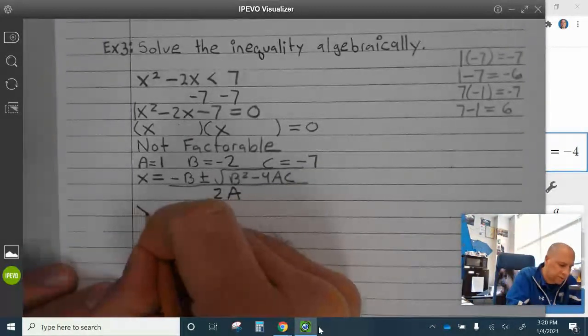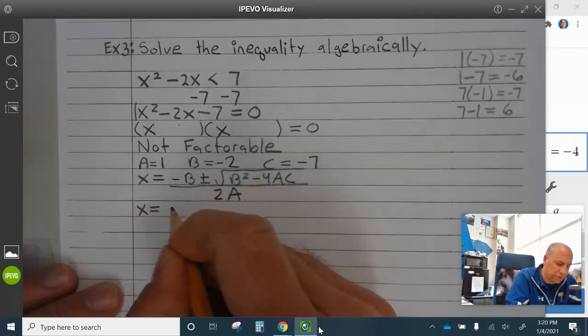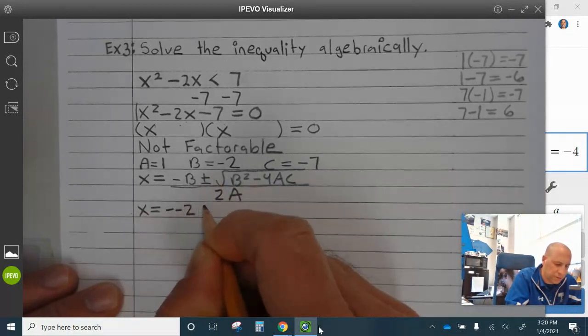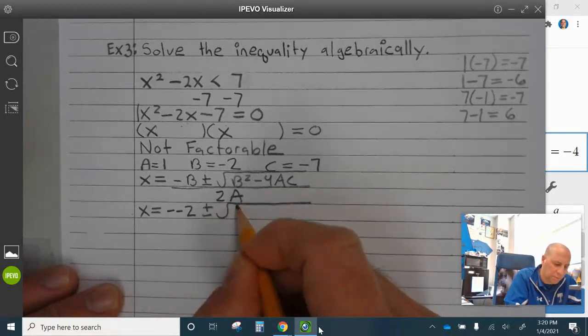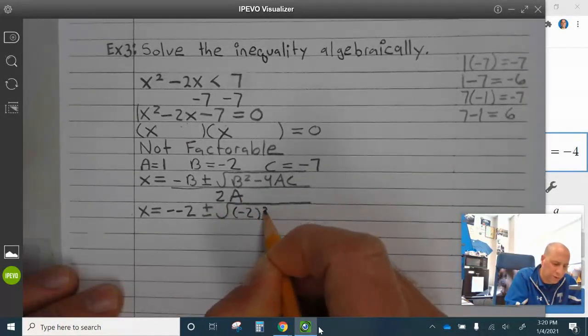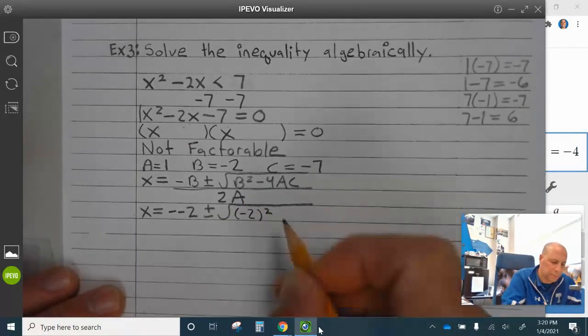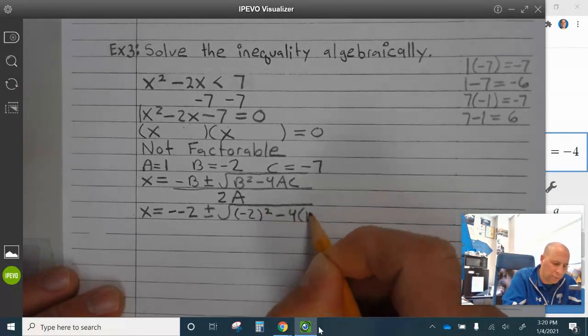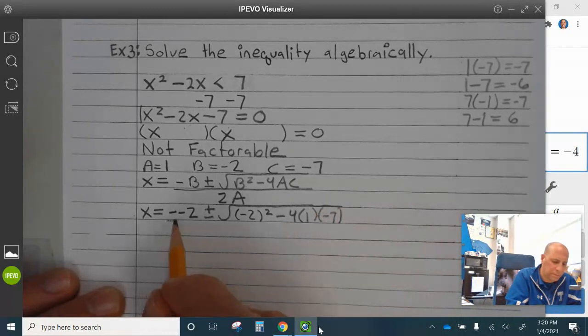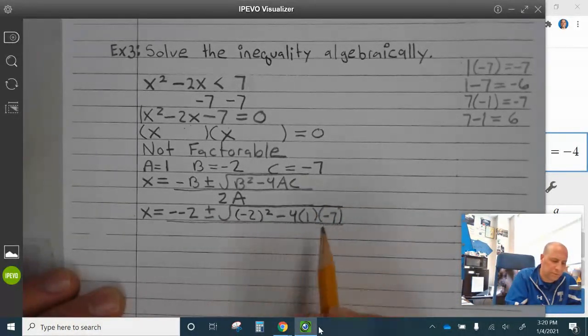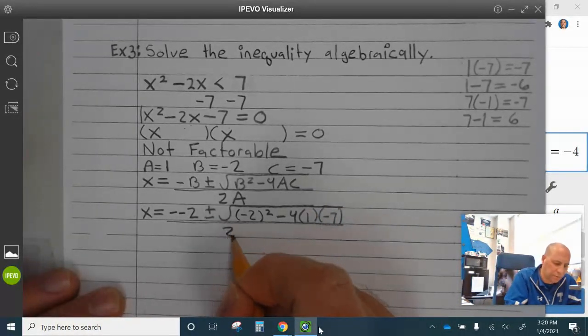All right, so X equals negative B, which is negative 2, plus or minus the square root of parentheses negative 2 squared minus 4 times 1 times negative 7, divided by 2 times 1.